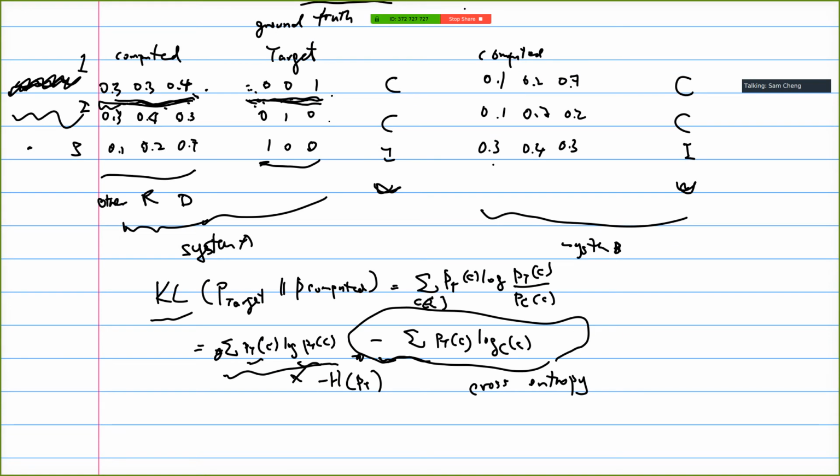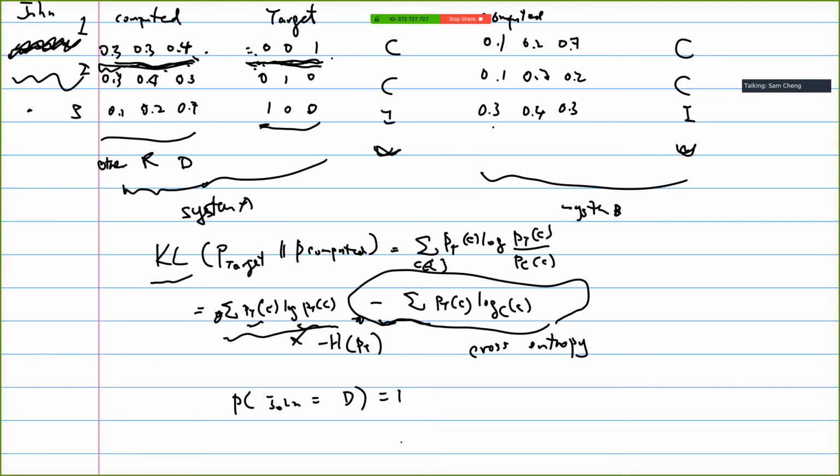Yes. The distribution is 001 for that record. So therefore, let's say this guy is just John, whatever. So we have the probability John is a Democrat is 1, something like that. And John is a Republican, the probability is just equal to 0.